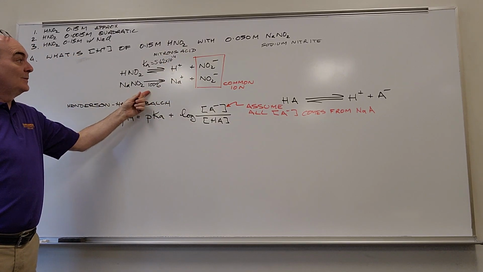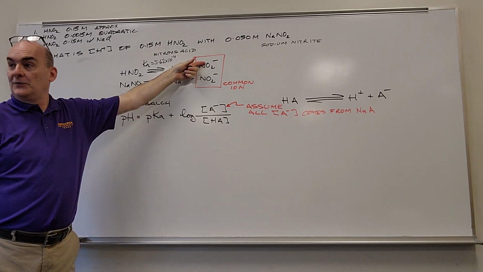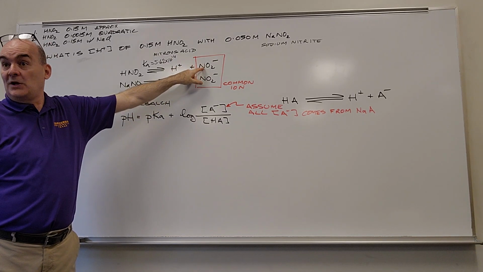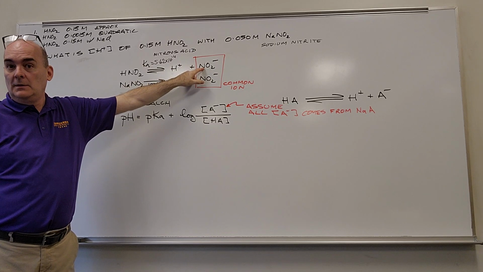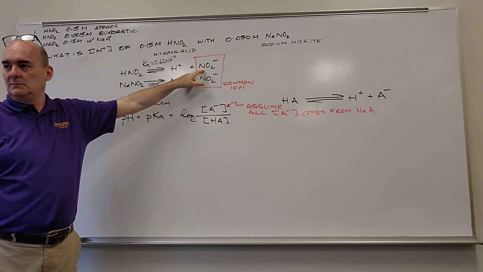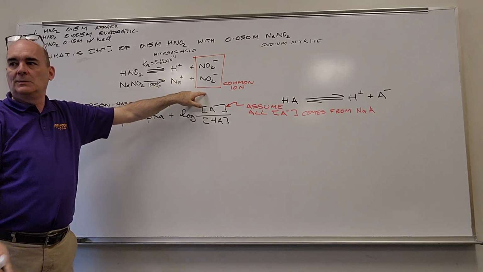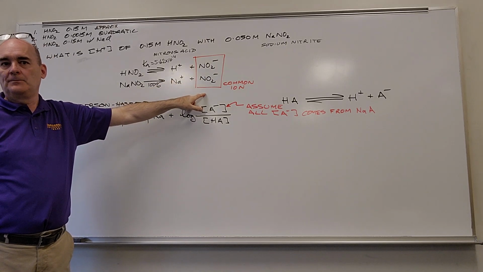So, in comparison, which one of these two is generating all the nitrite? This generates some, but not nearly as much as that. So that could be many, many decimals down the line. I'm going to assume it all comes from here.